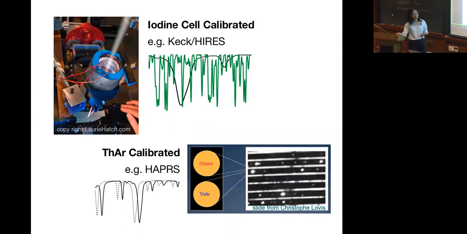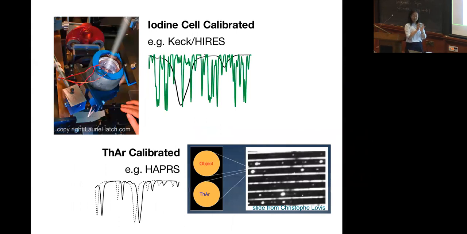All right, so according to different styles of wavelength calibration, the current methods of measuring radial velocities can be roughly categorized into 2 types. Traditionally, they're iodine-cell calibrated spectrographs and thorium-argon calibrated spectrographs.